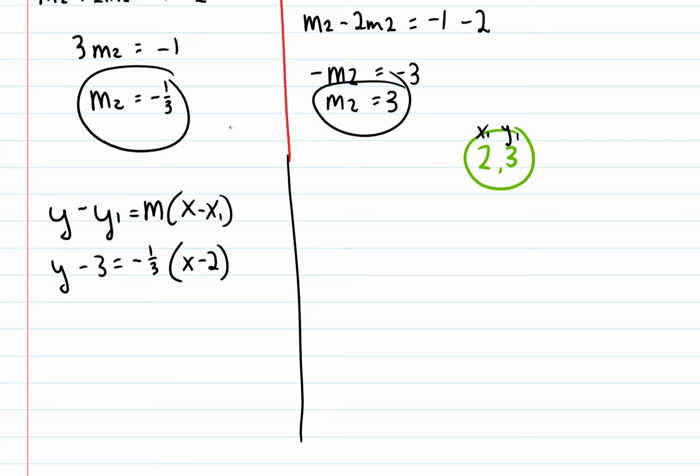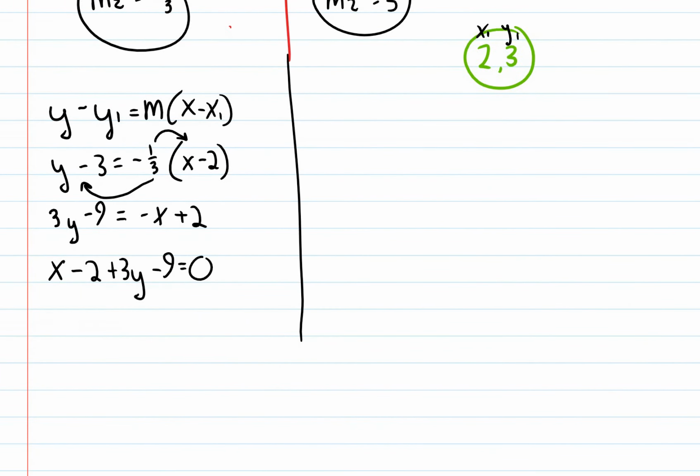If I multiply the right side by the 3, so I multiply everything here by the 3 and everything here by the minus 1, we get 3y minus 9 equals minus x plus 2. Bring everything to one side. We have x minus 2 plus 3y minus 9 equals 0. And just tidy it up then. x plus 3y minus 11 equals 0.